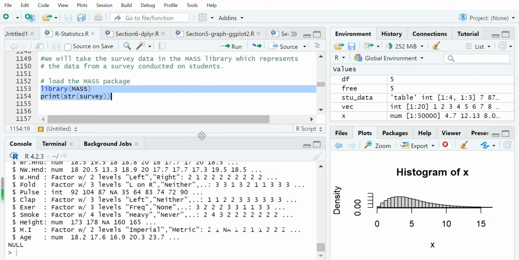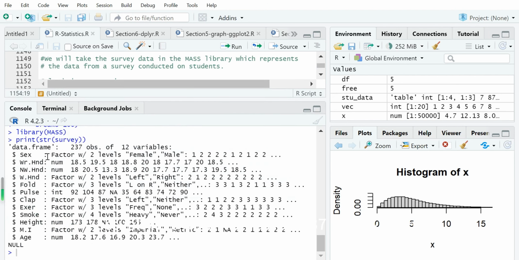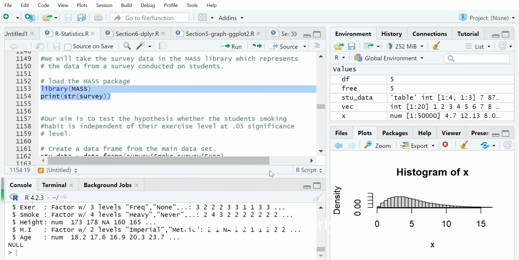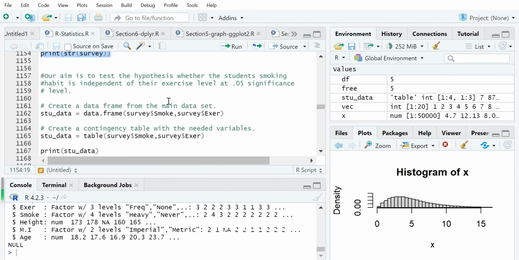The survey data is a data frame with 237 observations of 12 variables. We are particularly interested in testing the hypothesis whether the students' smoking habit is independent of their exercise level at the 0.05 significance level.